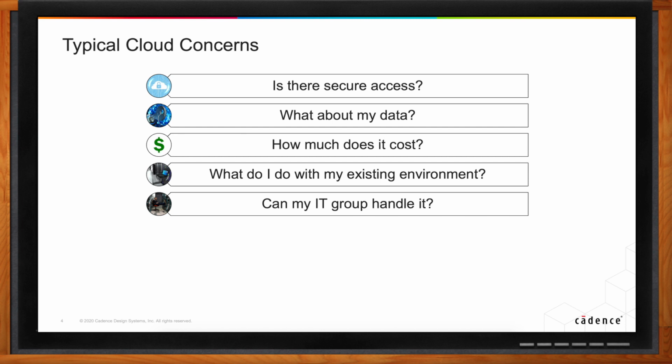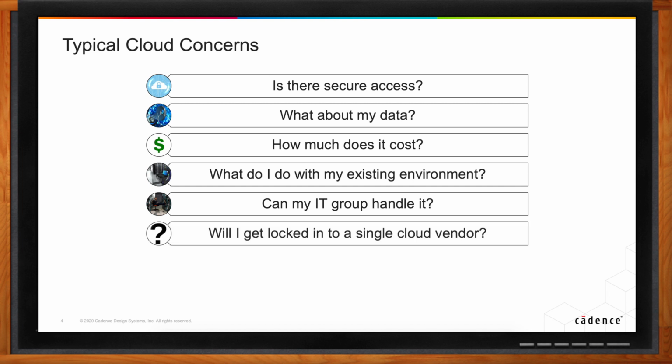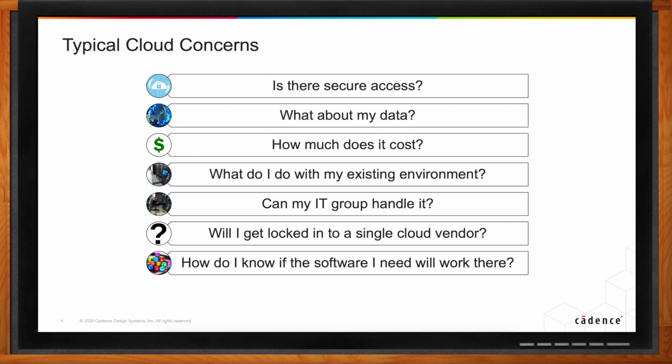With anything, when you move to a new type of solution, if you're going to give up your server farm infrastructure, you want to be very careful. And many customers ask, what will happen? Will they get locked into one cloud vendor and then be forever beholden to what that vendor wants to provide or charge them? Another big consideration is to understand what software might be available. If something that you use today on-prem doesn't work in the cloud, that can be a big problem.